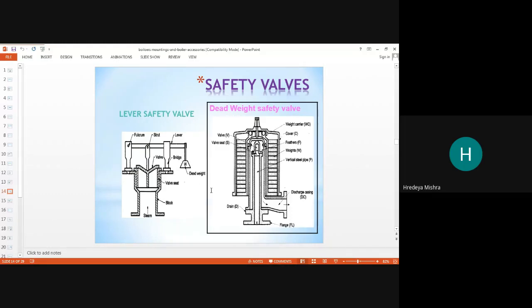So what we can say is that pressure enters here, and due to the high pressure of the steam the valve is opened against this dead weight. Okay, and sufficient steam goes out. After that this valve is automatically closed. That is the work of the safety valve.